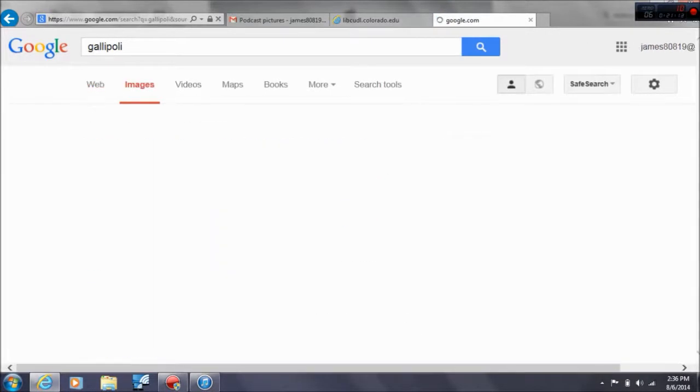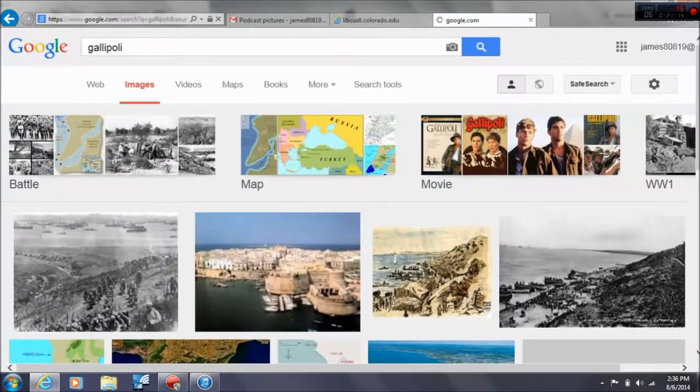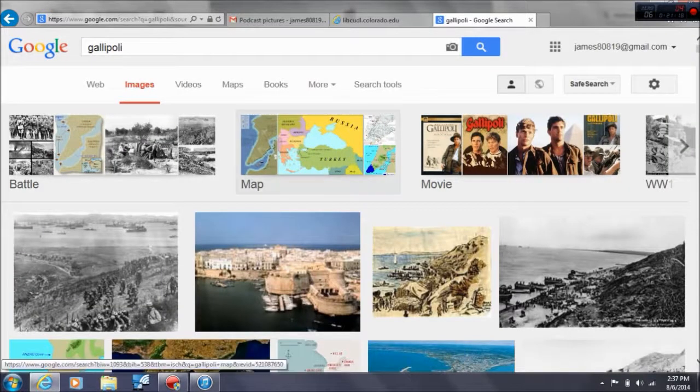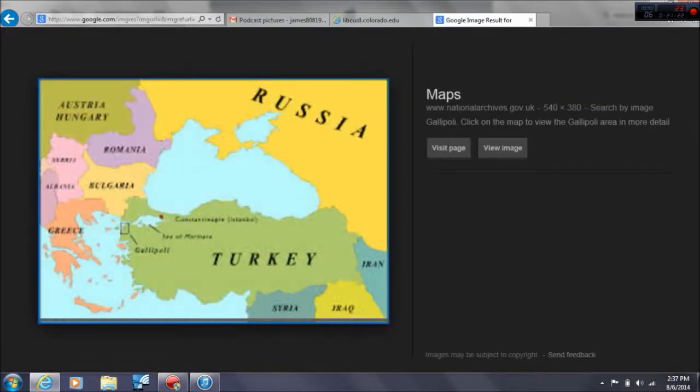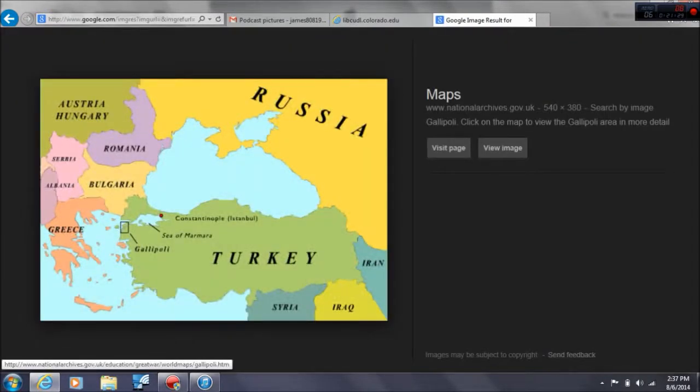And Gallipoli was a massive campaign launched by the Allies. If you look up the map of Gallipoli, you'll see how close that campaign is to Bulgaria.